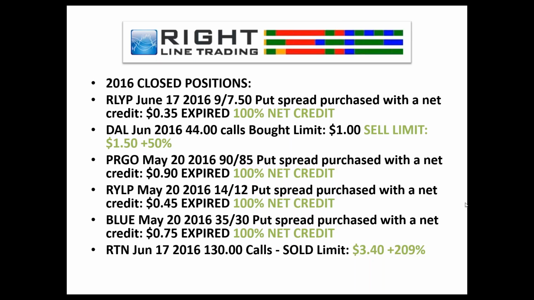I mean, you want to create a scenario where if you get 100% of your net credit on, say, 90%, you're going to get $90 per spread. If you get 100% of your net credit with 10 spreads, you make $900. Here, you make $450 on 10 spreads. Here, you make $750 on 10 spreads. And 10 spreads will not eat up too much of your margin.